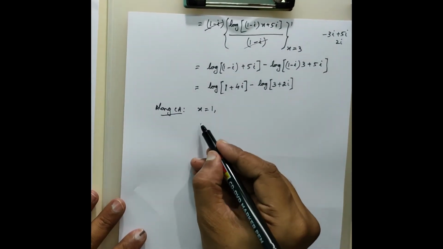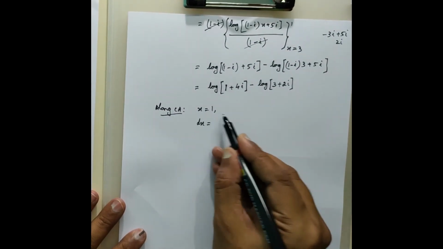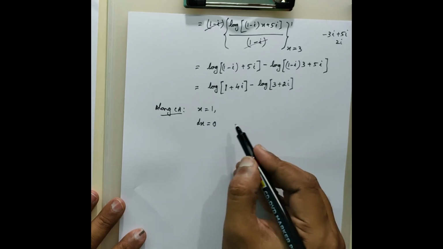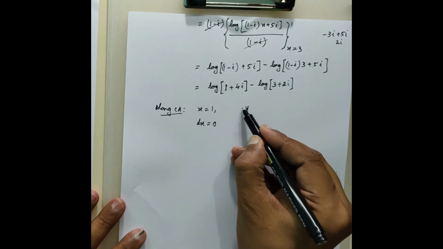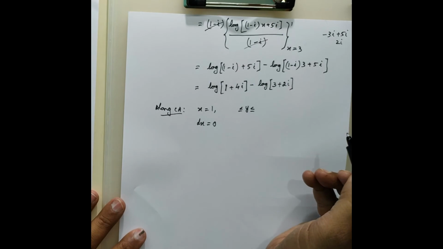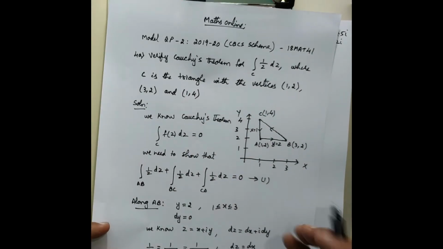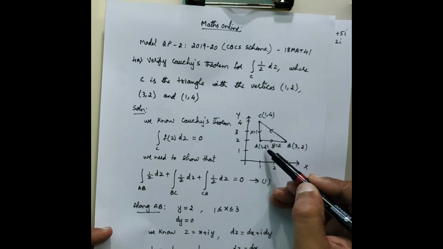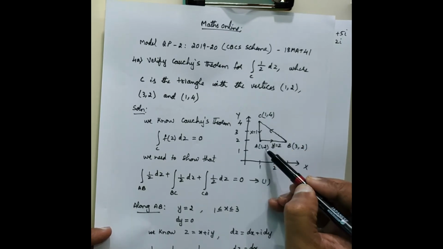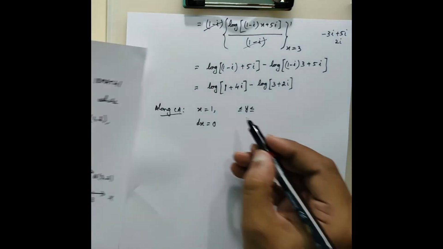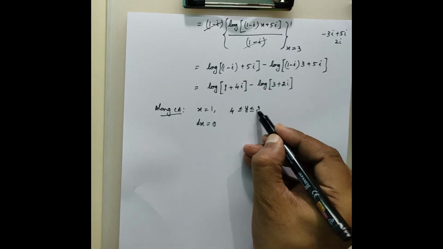Let us differentiate this one. Derivative of the constant 1 will be 0. Then for the variable limit of y, if you look at the figure, the value of y is ranging from 4 to 2. So therefore you can write from 4 to 2.